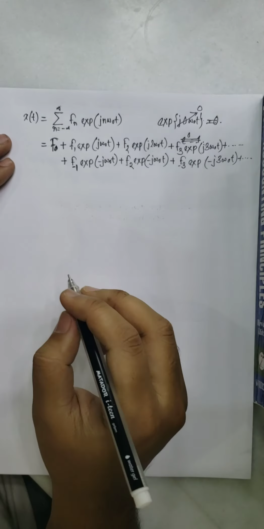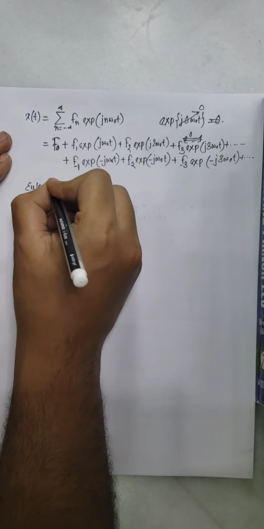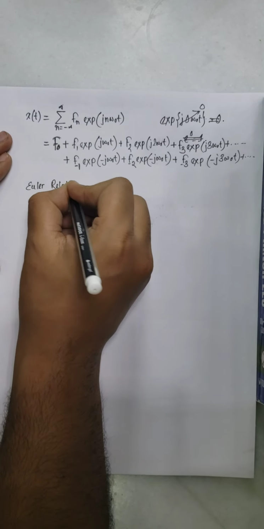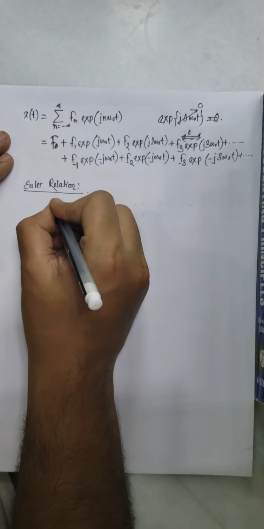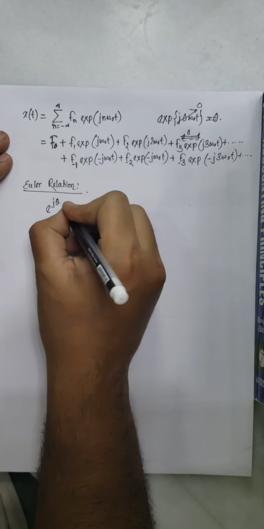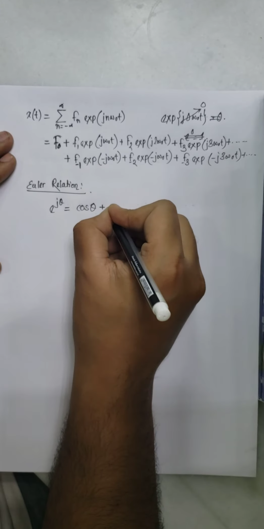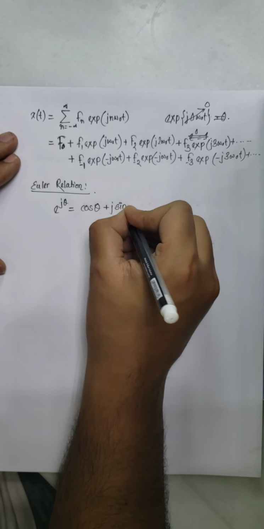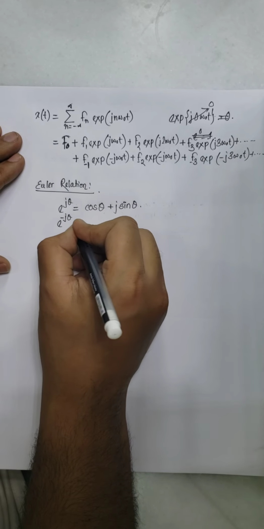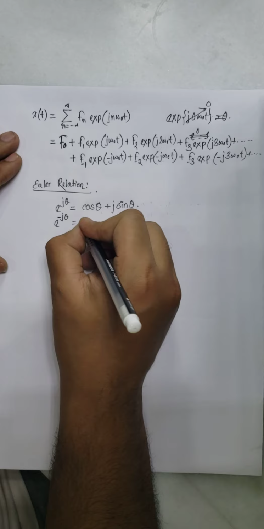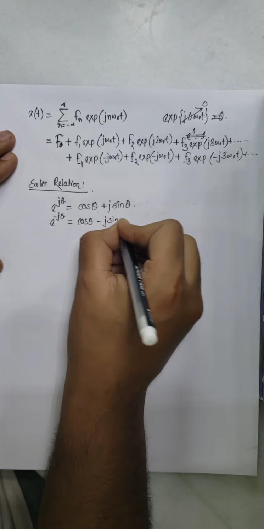Now, ladies and gentlemen, let us recapitulate the Euler relation, which says that e to the power j theta can be written as cosine of theta plus j sine of theta, and consequently e to the power minus j theta can also be written as cosine of theta minus j sine of theta.